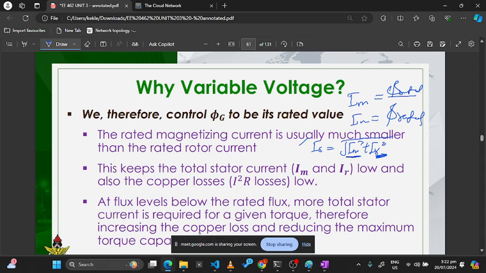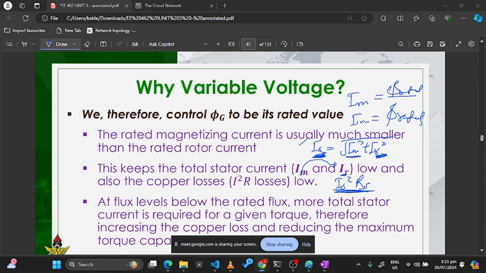So then, since the magnetizing current is much smaller than the rotor current, this keeps the total stator current low. If this should have been of the same value or close to this, then our stator current is going to be very high. But because this is far smaller than this, relatively our stator current will be low. Okay, and then our Is squared Rs loss will also be lower.